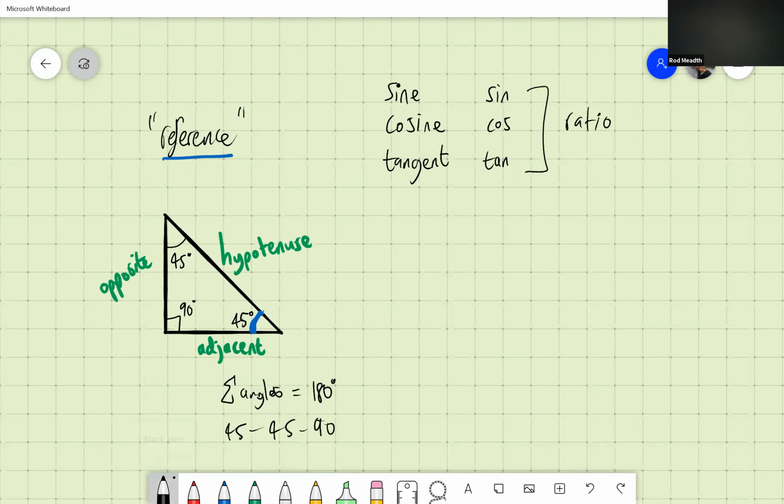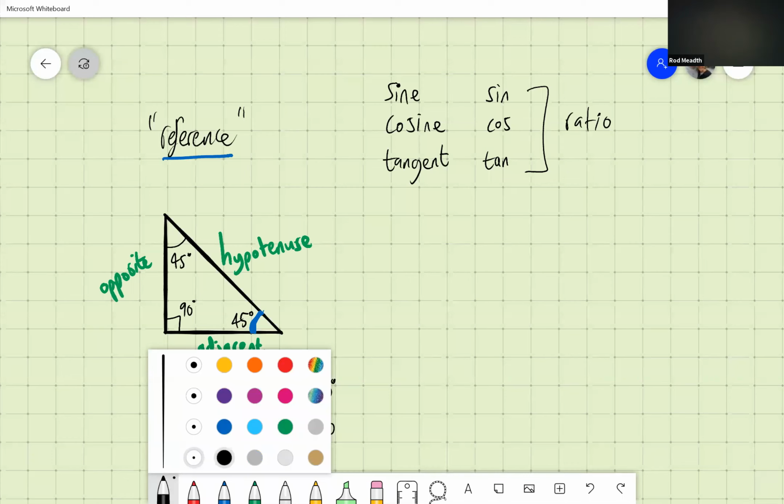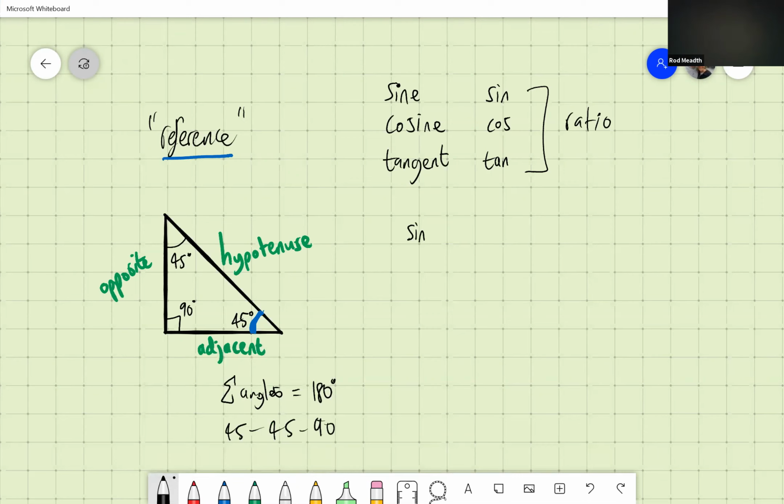So sine, cosine, tangent, they all refer to ratios between different side lengths. And here is what those ratios are. The sine of a particular angle, and I'm going to use this symbol here. This symbol here is called theta.